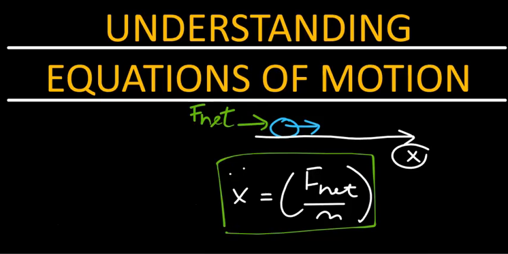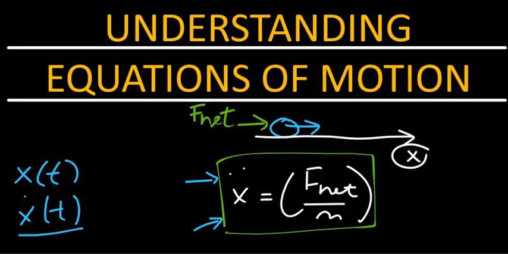If you want to know the details of this motion, then of course you need to figure out how the position of this object changes with time, in which case you need to solve this second-order differential equation. x, along with x dot, which is the speed or velocity of the object, gives the details of the motion of this object, and the motion is solved. So these equations describe completely, in detail, the motion for such an object.